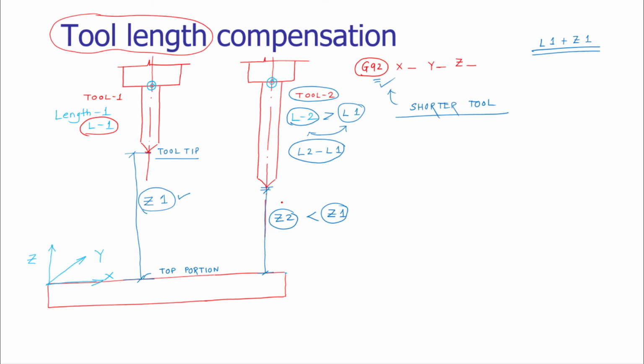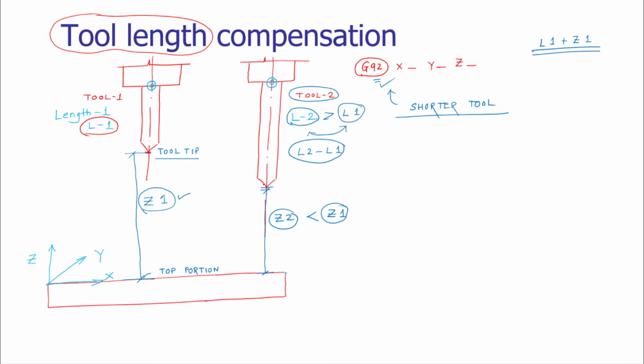It is a shorter distance that the tool tip has to travel. If I don't utilize any compensation, the machine control unit will follow the instruction. It will take the default value Z1 to be traveled, and it will hit and collide with the work part, and the machining will fail. There may be catastrophic failure of the machine tool itself.